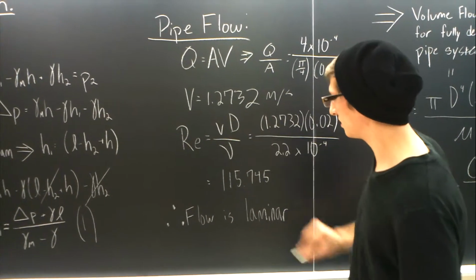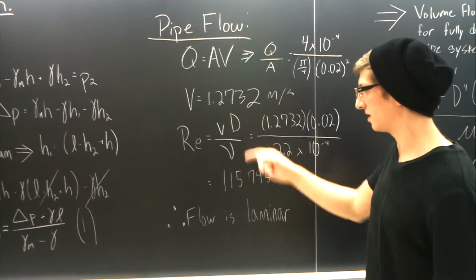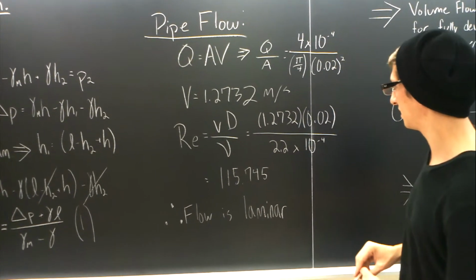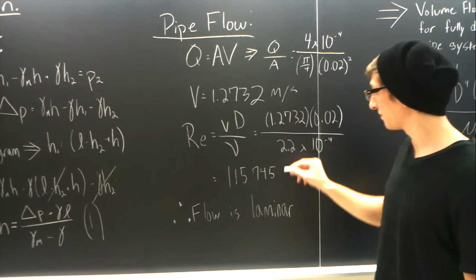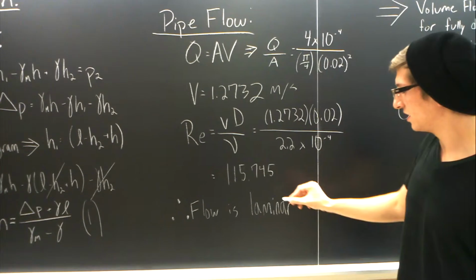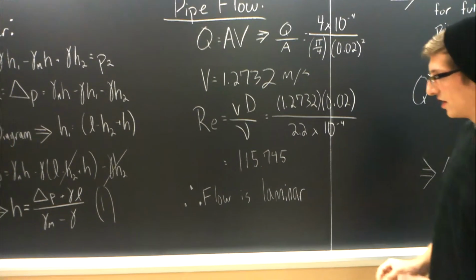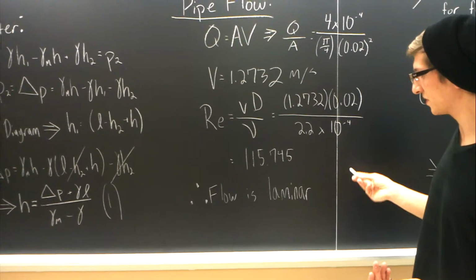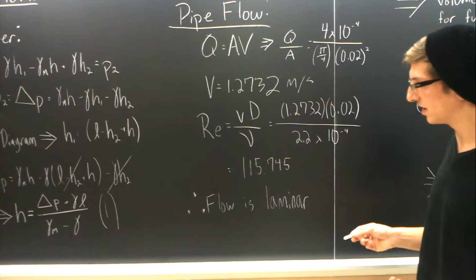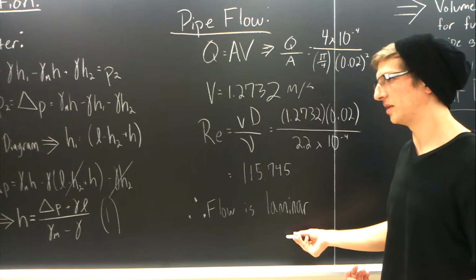And you plug that into the Reynolds number equation here, which is velocity times diameter over kinematic viscosity. Then plug in the numbers here, get the answer of the Reynolds number being 115.745, which, since this is below the critical value of the Reynolds number, shows that the flow is in fact laminar.